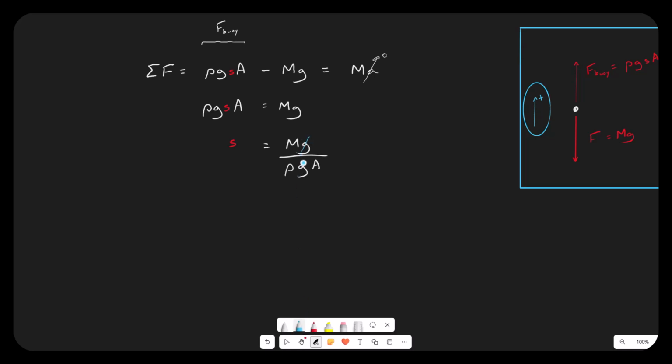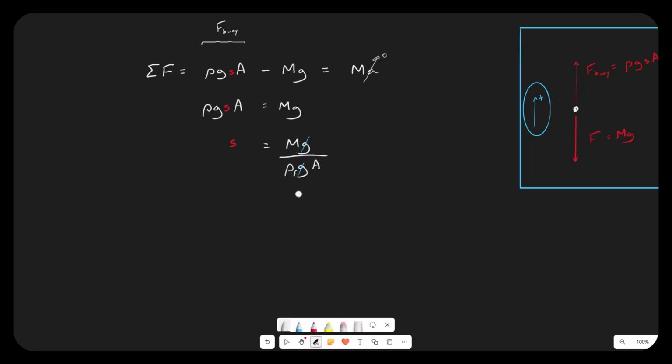My gravity cancels, and now I've got the mass of the box divided by the density of the fluid times area. I'm going to do a little bit more with this. I'm going to label this one density of the fluid. Mass of the box: if the box is made of wood, it's got a certain density.